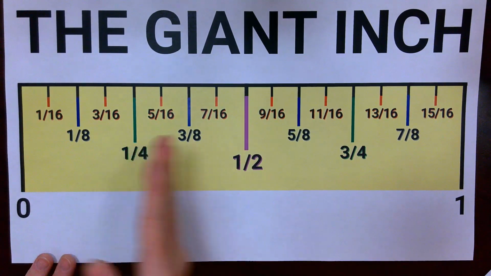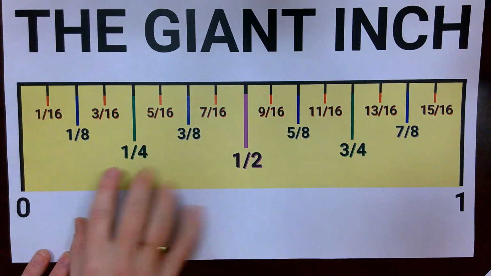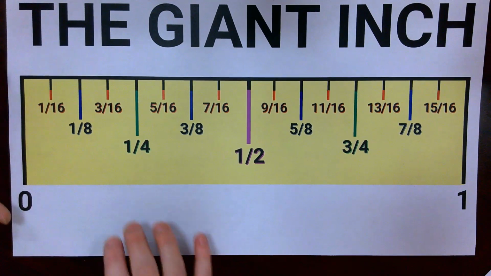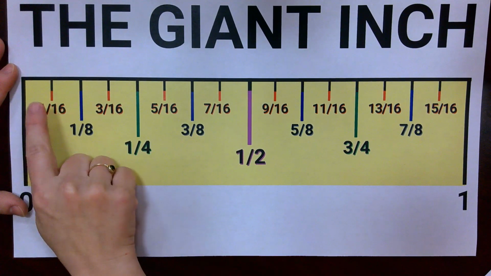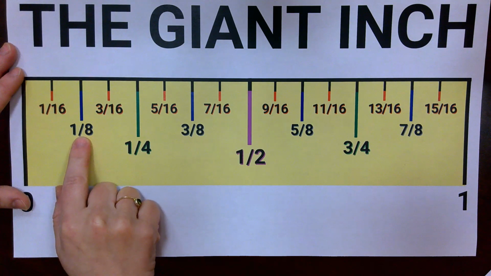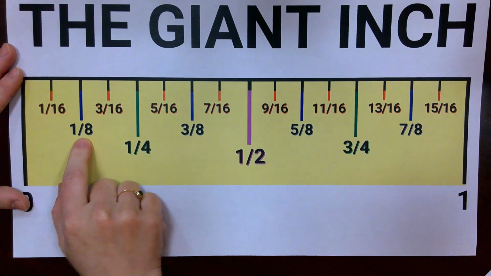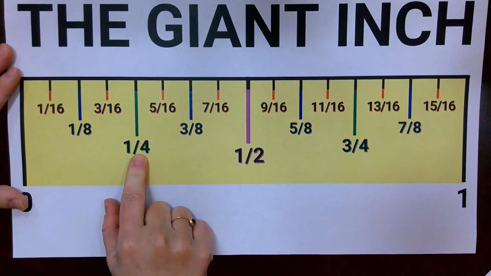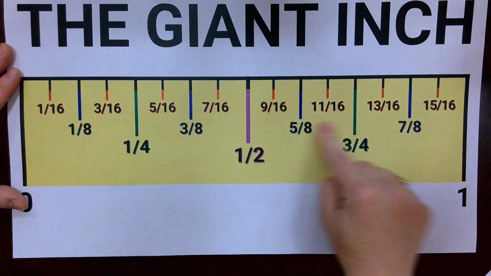Whenever we go to each section, it's going to be counting all these different fractions. So we start over at 1/16. Then 2/16 or 1/8. Then we've got 3/16, 4/16 or 1/4. And we go on and on and on.